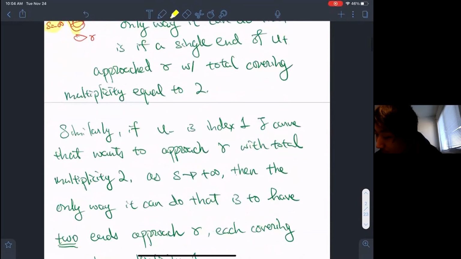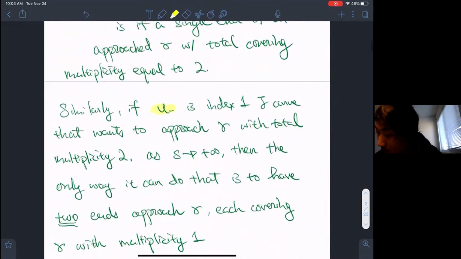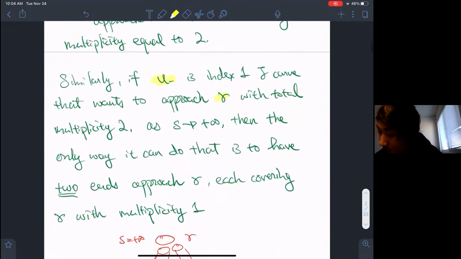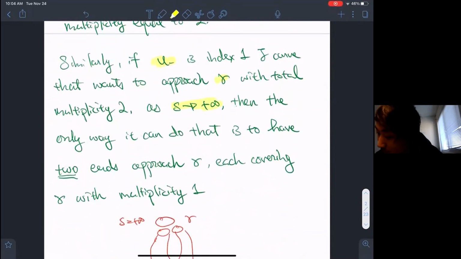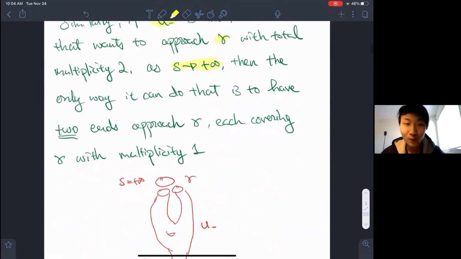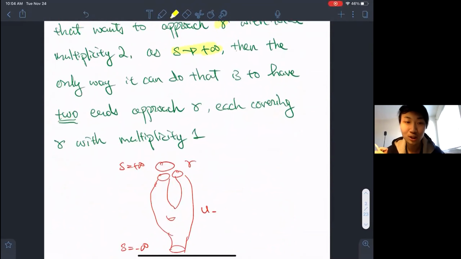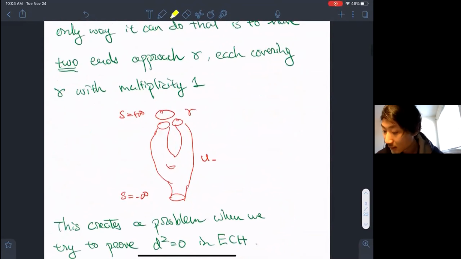Similarly, if U minus is an index 1 J-holomorphic curve that wants to approach gamma with total multiplicity 2 in its positive end, then the only way it can do that is to have two ends approach gamma, each with covering multiplicity 1, as I've drawn here.